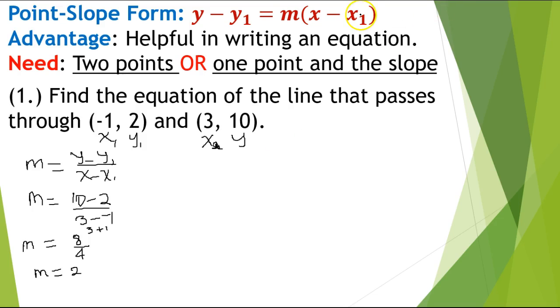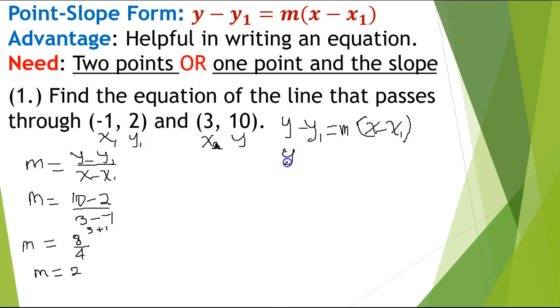Now that we have the slope, we write the equation, and then we have our point x1, y1. We're not going to use x and y, because we're going to leave them as variables. So we just put the numbers here. Write the equation first to start with, and then substitute. So we have y minus y1 equals the slope times x minus x1.